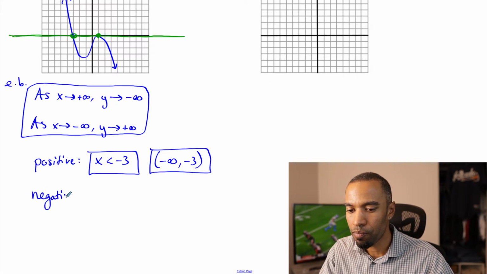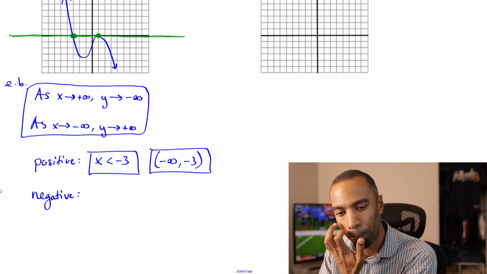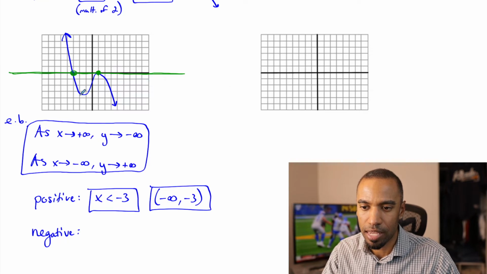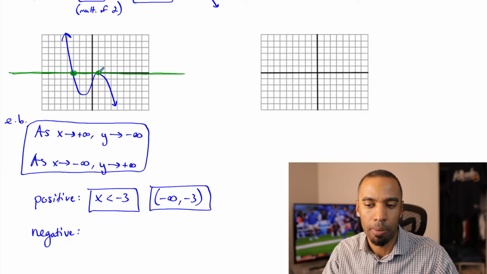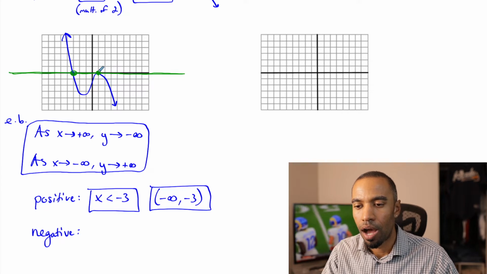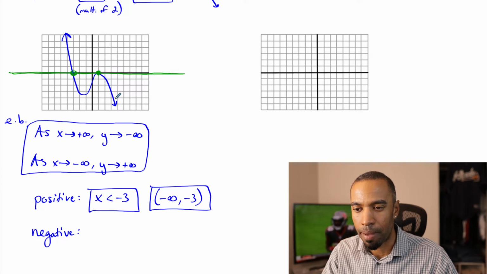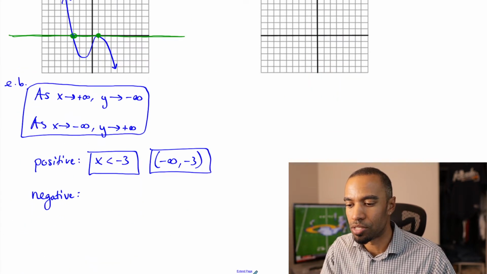Negative, when is it below the x-axis? Positive is above, negative is below. It's below the x-axis right here between -3 and +1. And then it hits 0 at 1. It's neither positive nor negative there. Remember, it wasn't negative or positive at -3 either. So at 1, it's neither, and then past 1, it goes beyond it as well. So it's negative in two places.